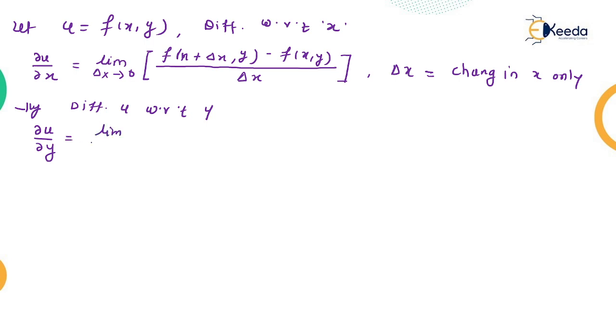Now here x is replaced by only y, so del y tends to 0, limit as del y tends to 0, and this is a function where nothing is changed in x, so x stays as it is.